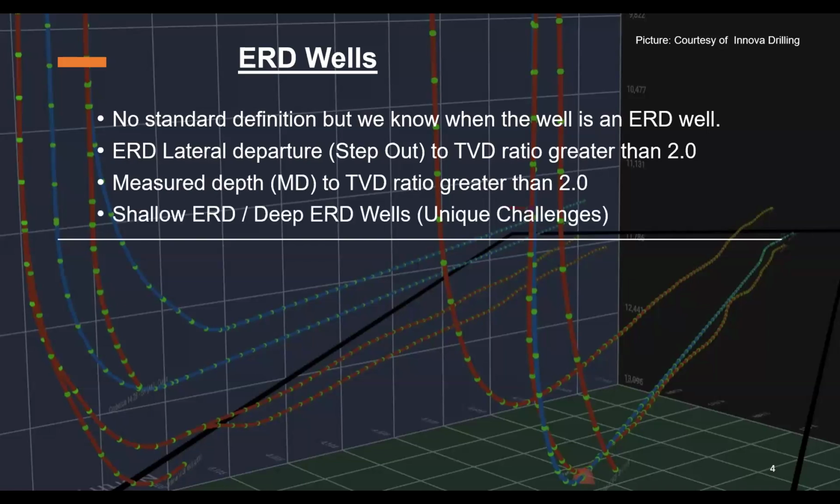Shallow ERDs: you kick off shallow and become horizontal, or become a high angle well. Those have very difficult challenges in the North Sea, in the Captain field. I did some work for those shallow ERDs. You cannot even run in the hole because of the drag.